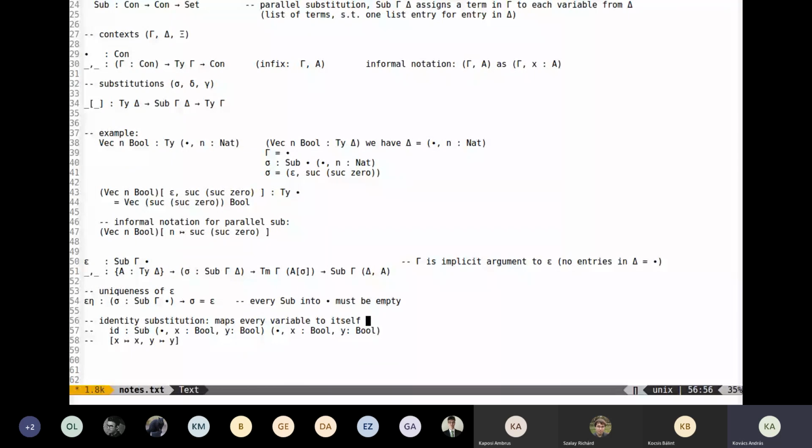And if you have a substitution which maps every variable to itself, then substituting with the identity substitution does nothing.